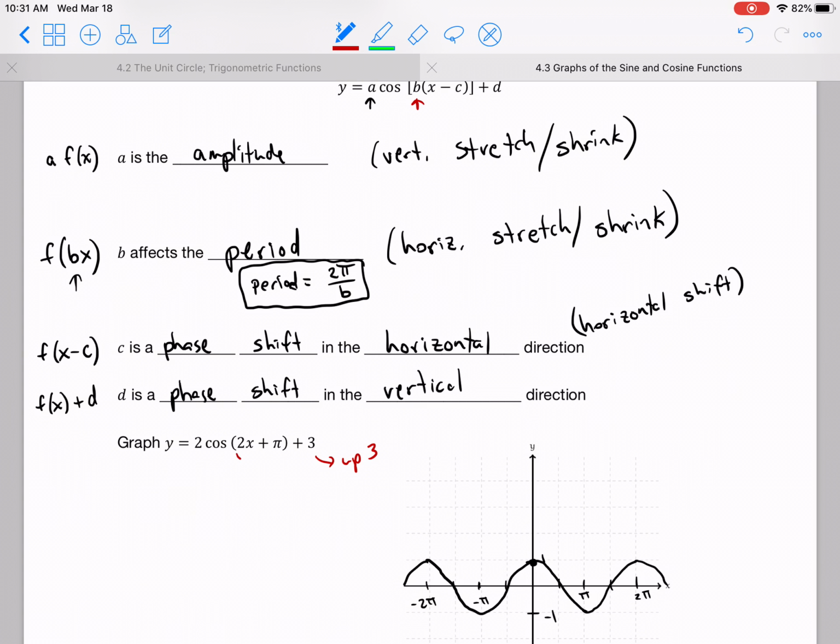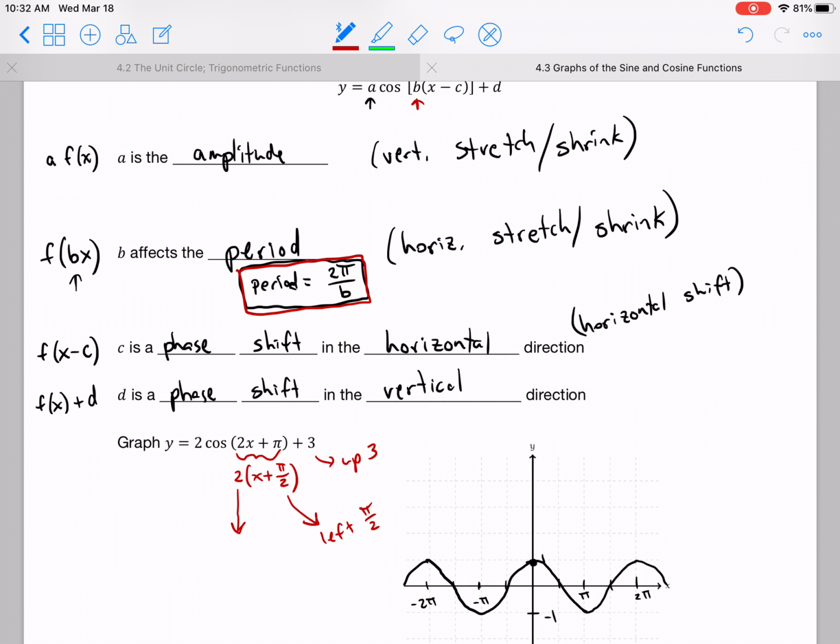I'm going to take this 2x plus pi and write it as 2 times x plus pi over 2. In that form, this pi over 2 tells me left pi over 2.